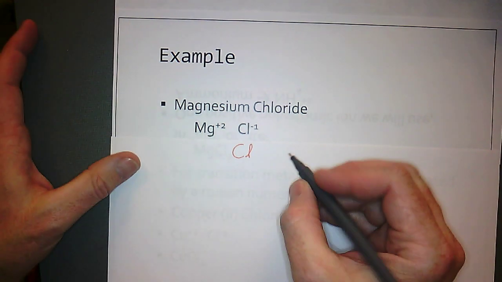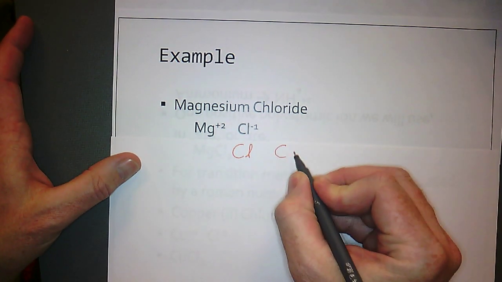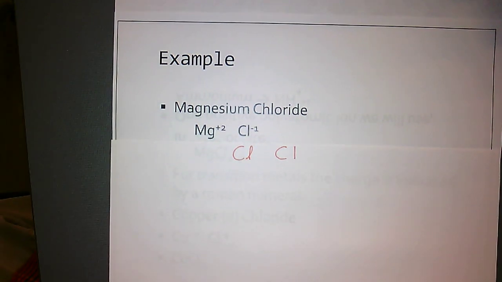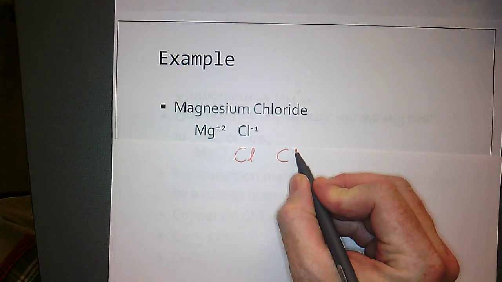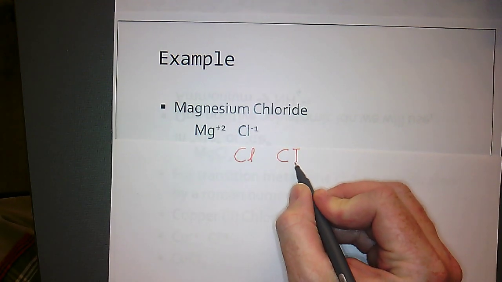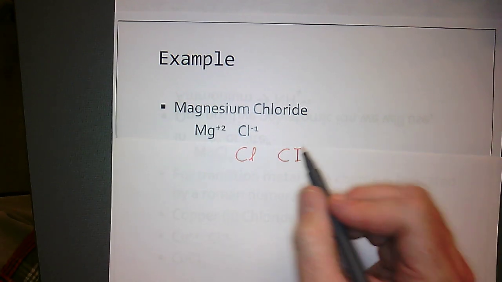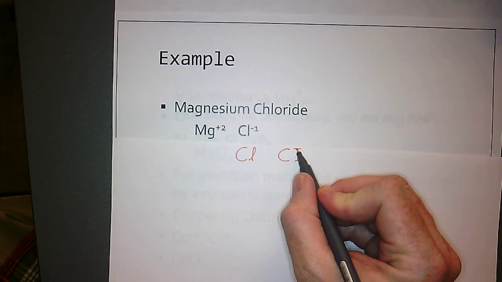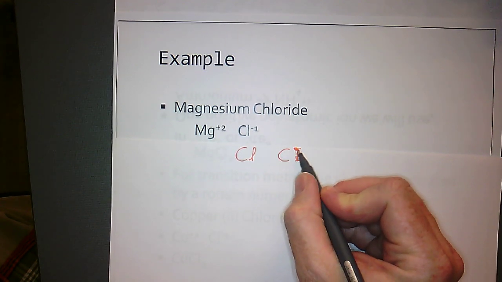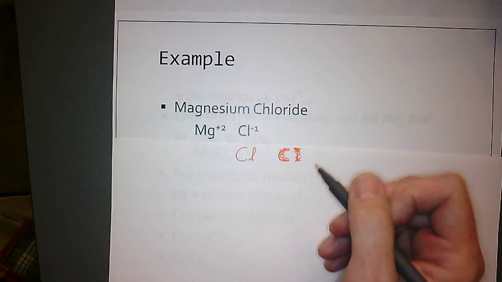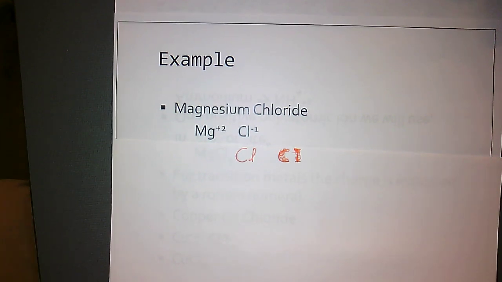Because if I just go C and then a straight line like that, that could be carbon and iodine. Does that make sense? Now, another standard thing I always do, if I'm writing it, I go ahead and put the cap on it and everything. But lowercase l in cursive is the way I was taught to do it.